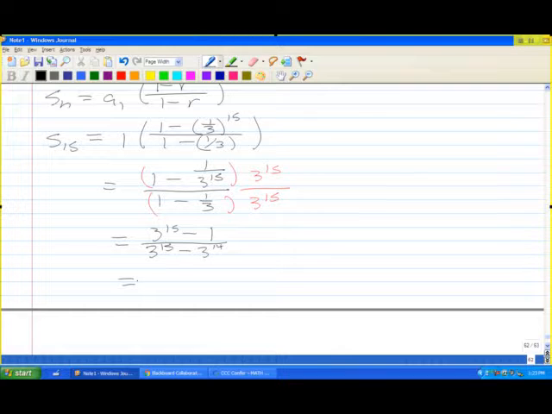So I get, well, 3 to the power 15 is a rather large number. And so it is 14,348,907, and subtract 1, you get 906.